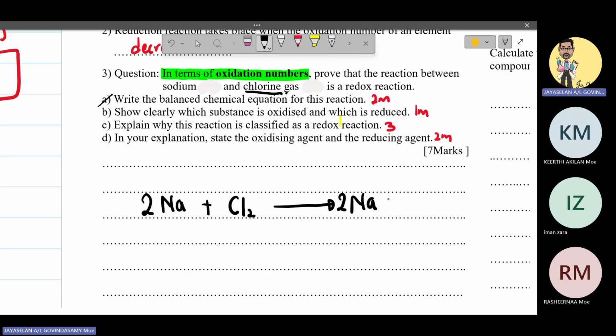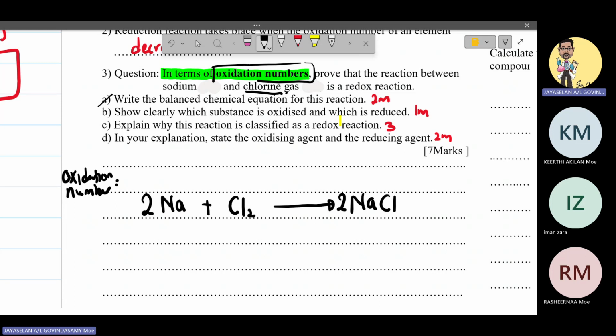Okay, write down. Okay, done? Now they want the oxidation number, right? So you write the oxidation number on top, because you want to prove with oxidation numbers. You can put a double dot.